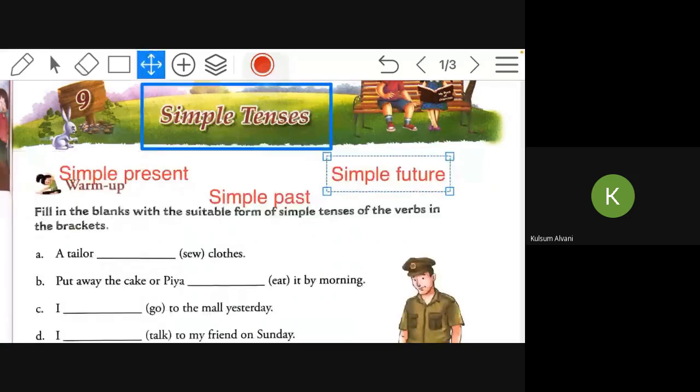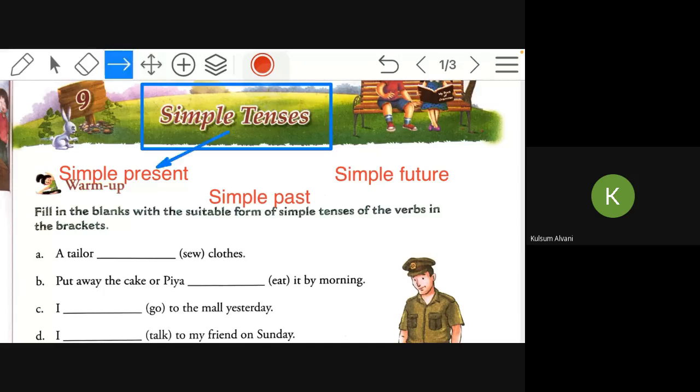So these three tenses are there. Iman Fatima, which types of simple tenses are there? Sir, there are three types of simple tenses: simple present, simple past, and simple future. Very good, beta. Thank you.